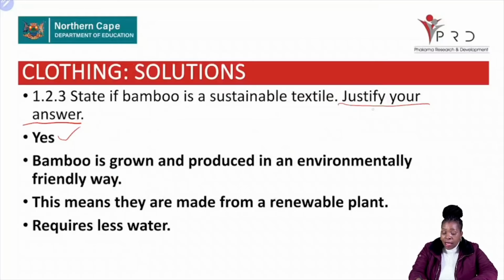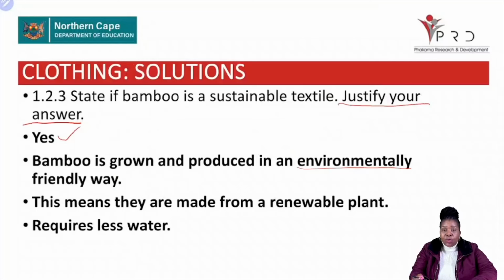Then we answer the second part of the question, which is the justification. Why do we say it is sustainable? One justification is that bamboo is grown and produced in an environmentally friendly way.